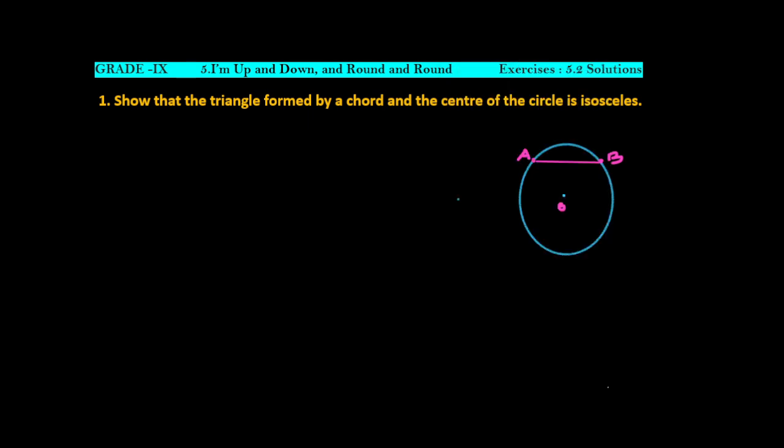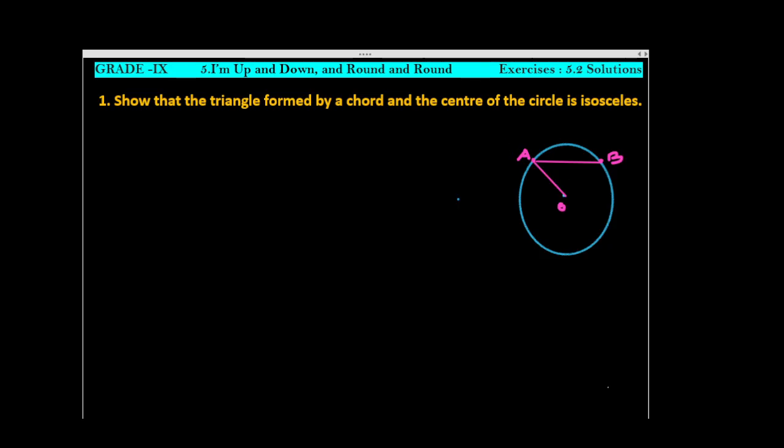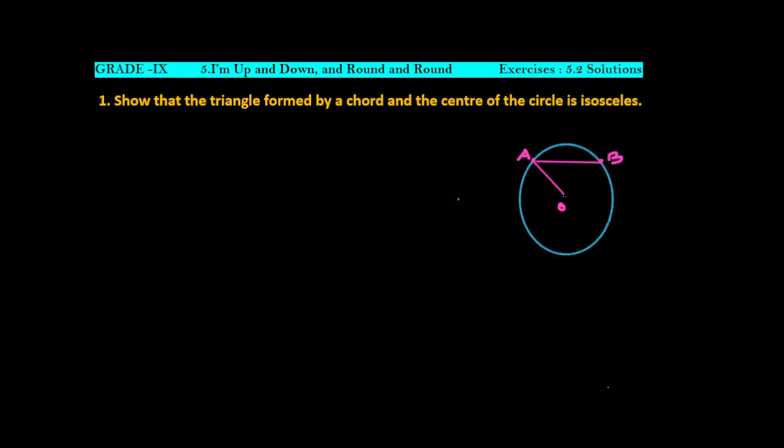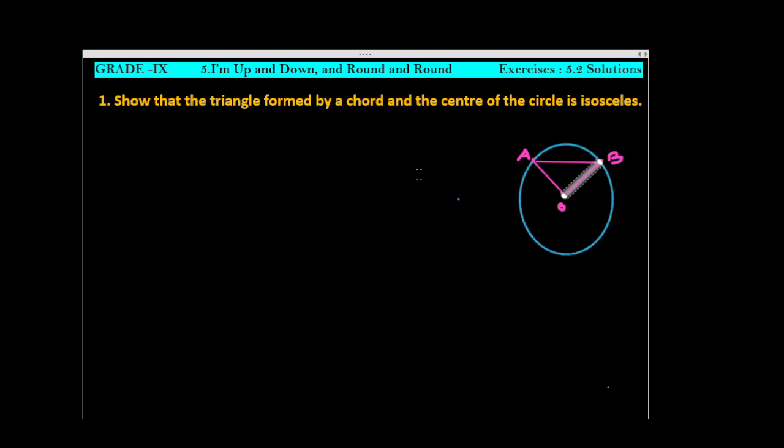OA is one side of the triangle. And joining OB, we get another side of the triangle. Then the third side is the chord AB. So now we got a triangle OAB.